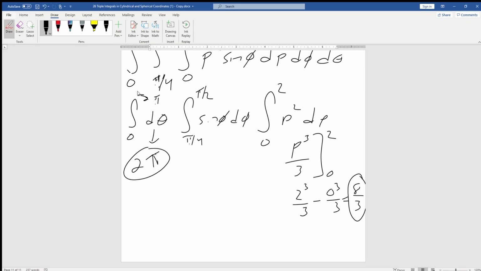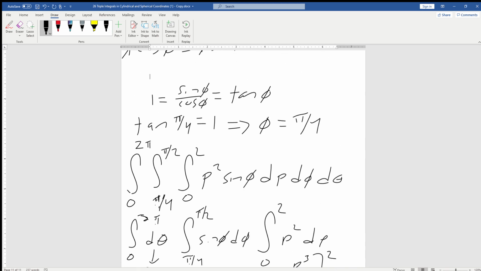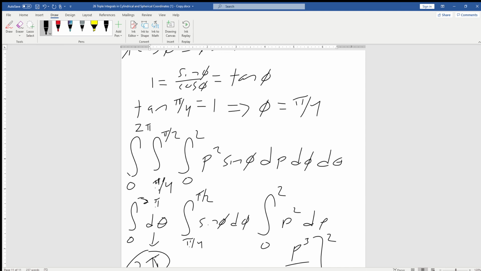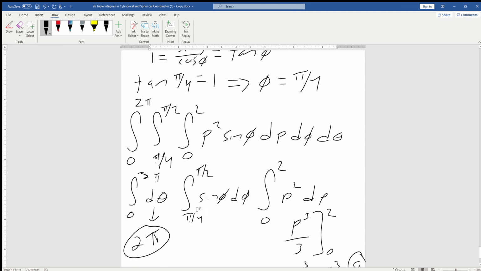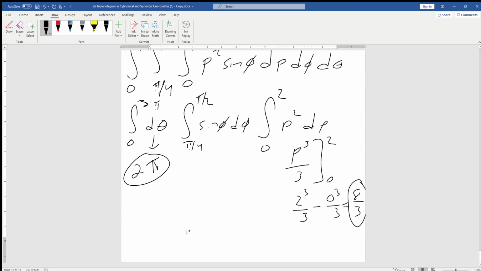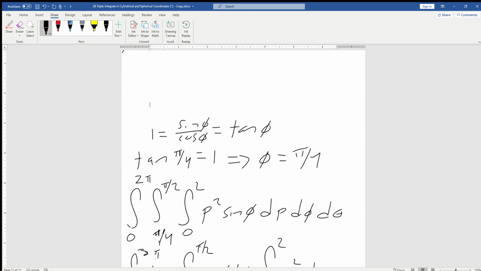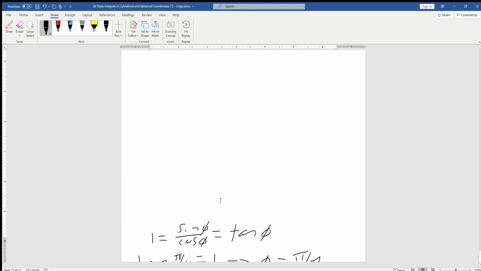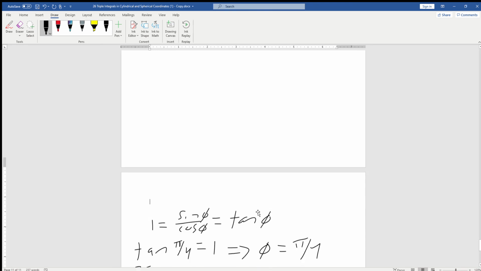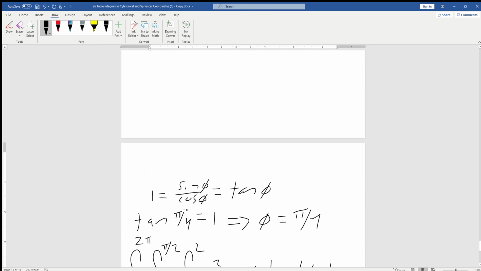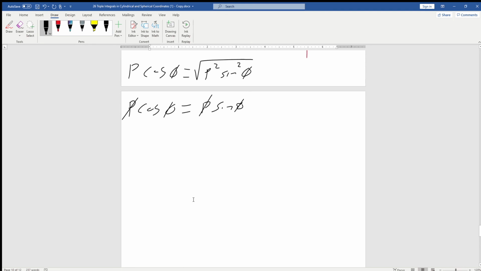And then finally, let's do the trigonometry to evaluate this last part. So we still have that integral.